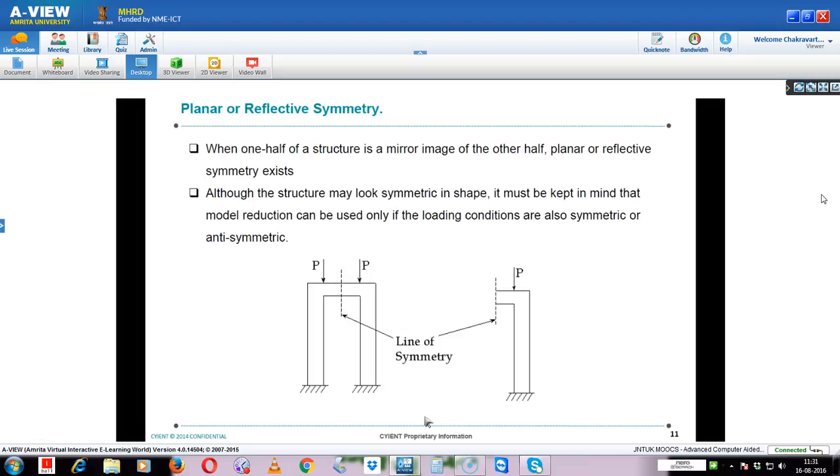And similarly, like reflective symmetry. When one half of a structure is a mirror image of the other half, then planar or reflective symmetry exists. It's the same example of symmetry. Structure may look symmetric in shape.